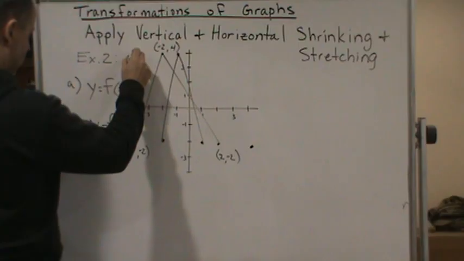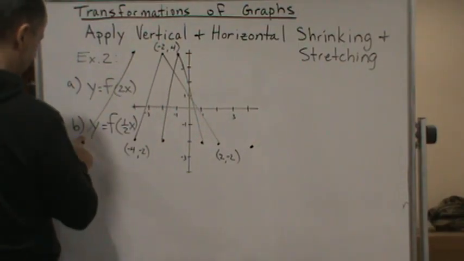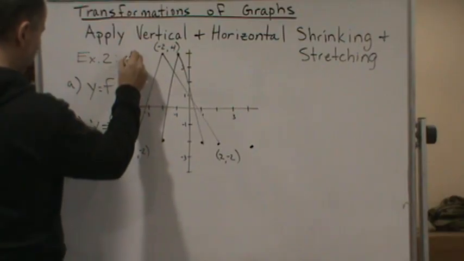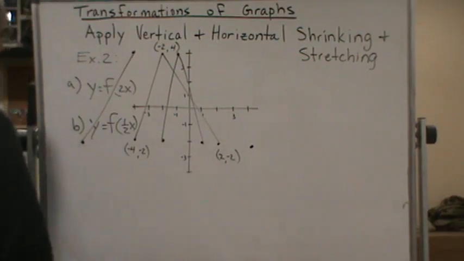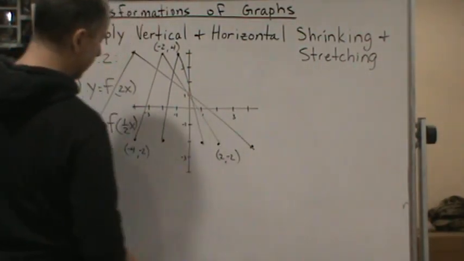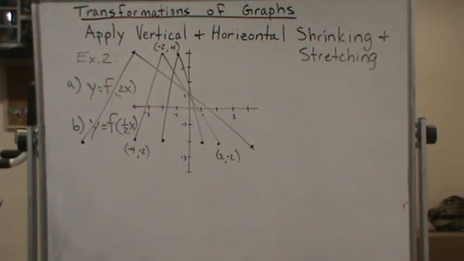Now we get something that looks like something like that, and something like that. So look at that. We end up with a horizontal stretch, right?